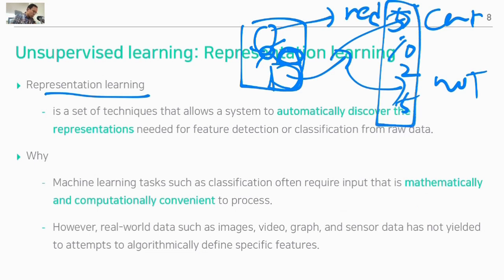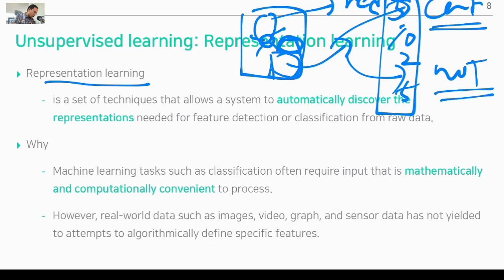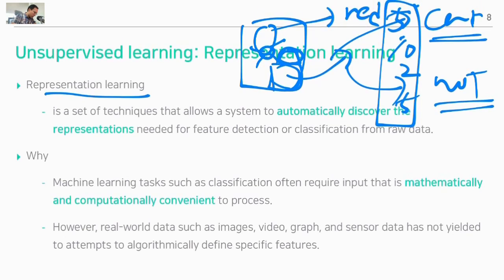But depending on your goal of the classification, the labels of the classification, the effectiveness of the features will be a little different from each other. That's why we needed some automatic approach. In that sense, representation learning is very useful, and computationally and mathematically also very sound, which means we understand the meaning of the floats in representation learning.